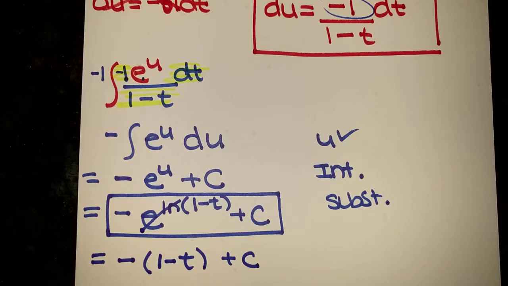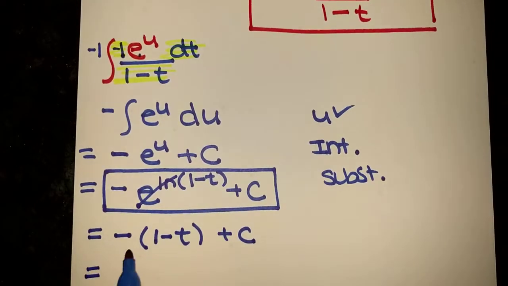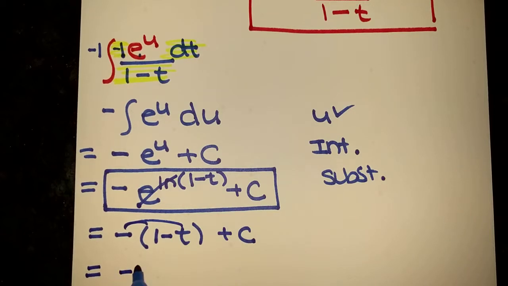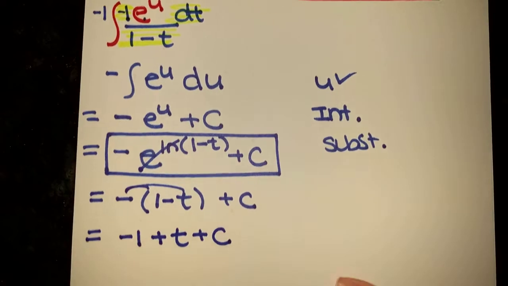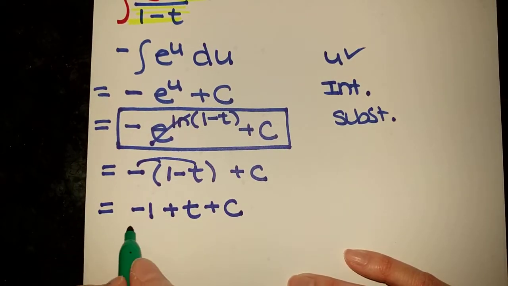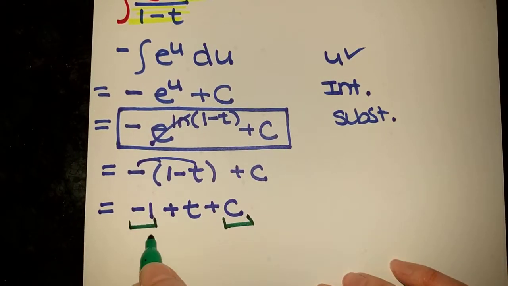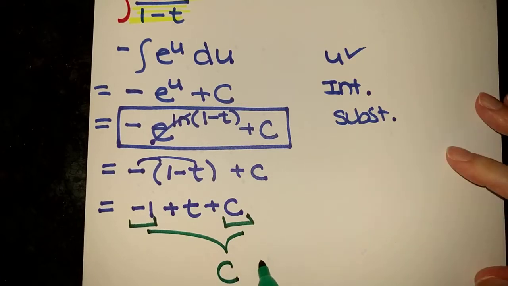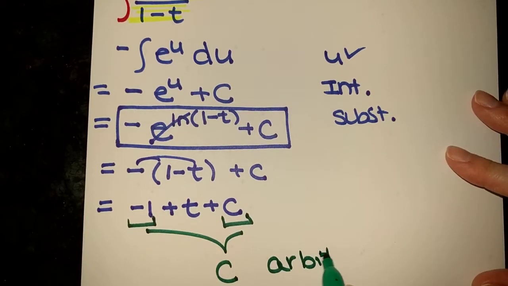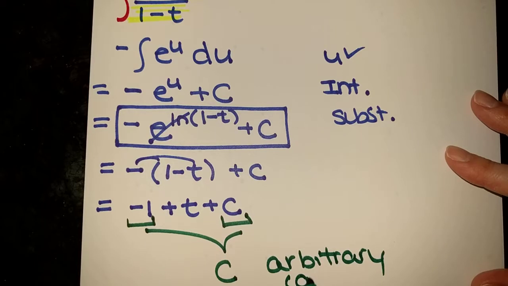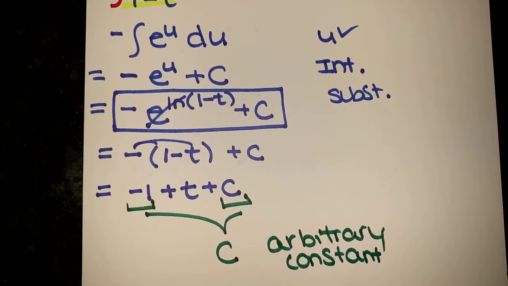Now, if you look in the back of the book, you might not see that as the answer. Here is what happens. You can distribute this, and you have negative 1 plus t plus c. And then you can combine this negative 1 with this c as one arbitrary constant. Because if you take an arbitrary constant and subtract 1, you're still going to have an arbitrary constant.